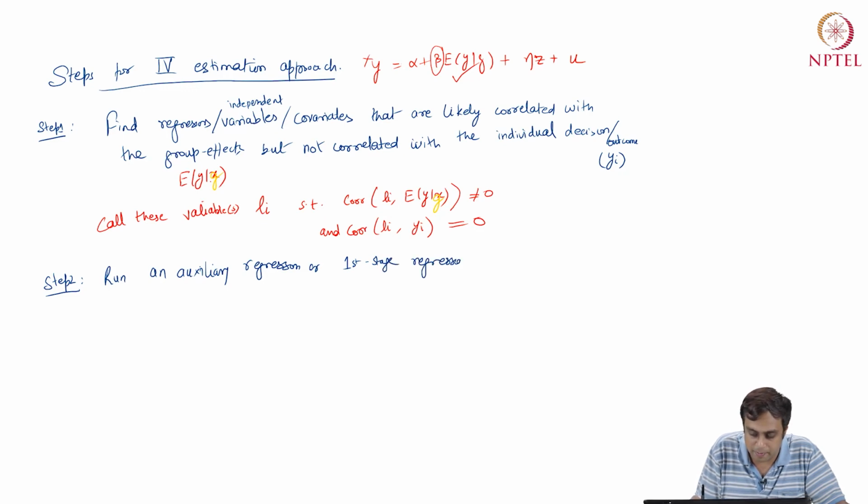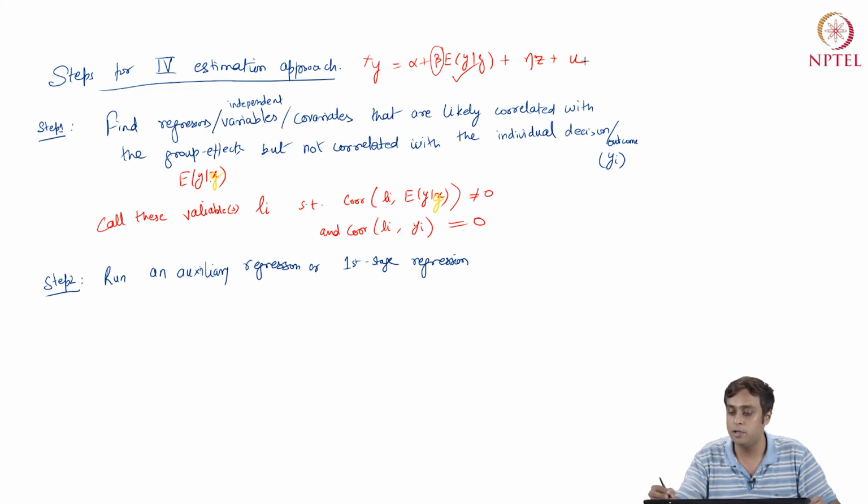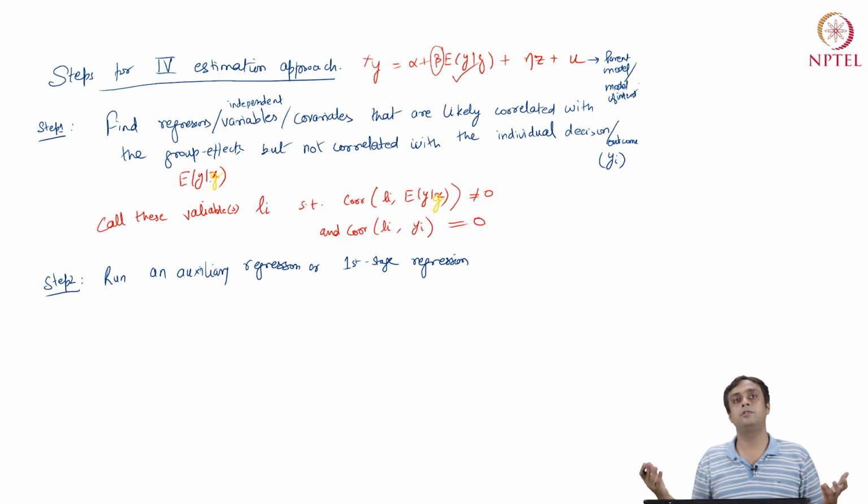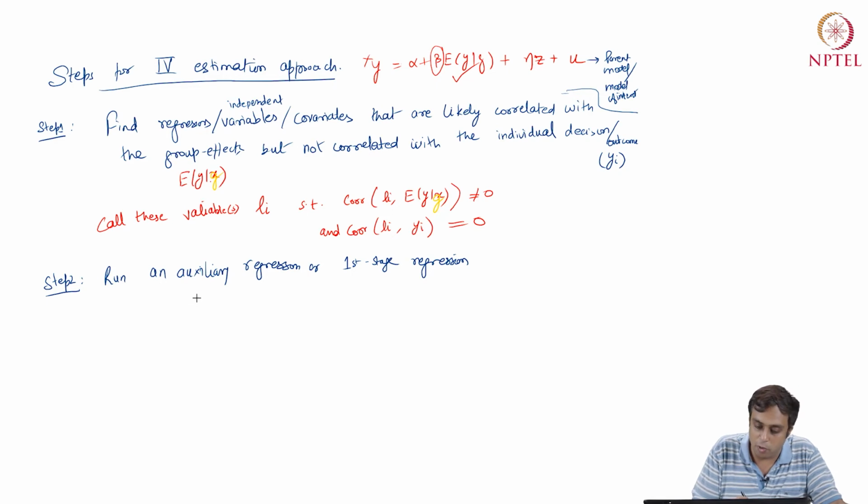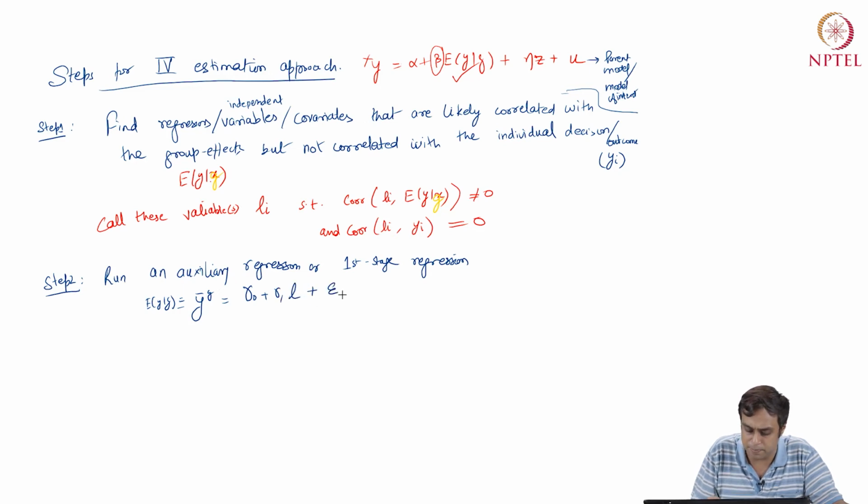So, you will estimate this regression model even before you are estimating your parent model, or the model of interest, or a primary model, whichever name is favorable in your opinion. So, the first stage model is that I will regress these average group effects, which is nothing but the expectation of y given G, on, not beta, let us use a different notation, gamma 0 plus gamma 1 L plus epsilon.